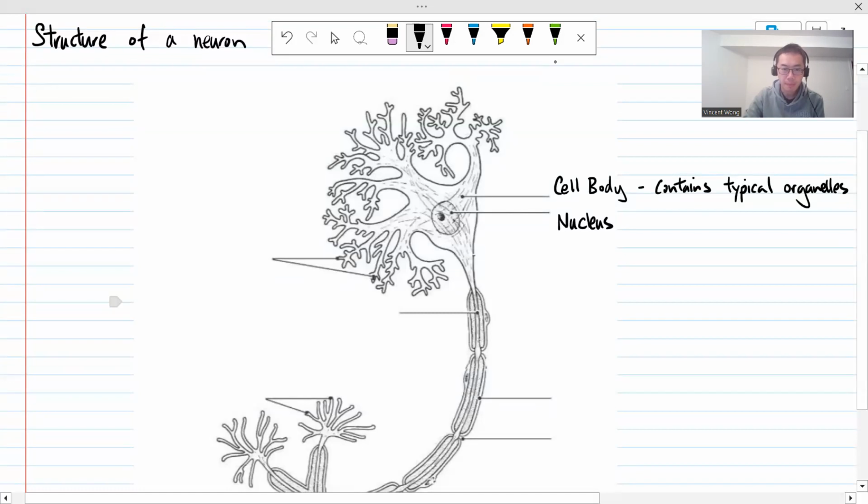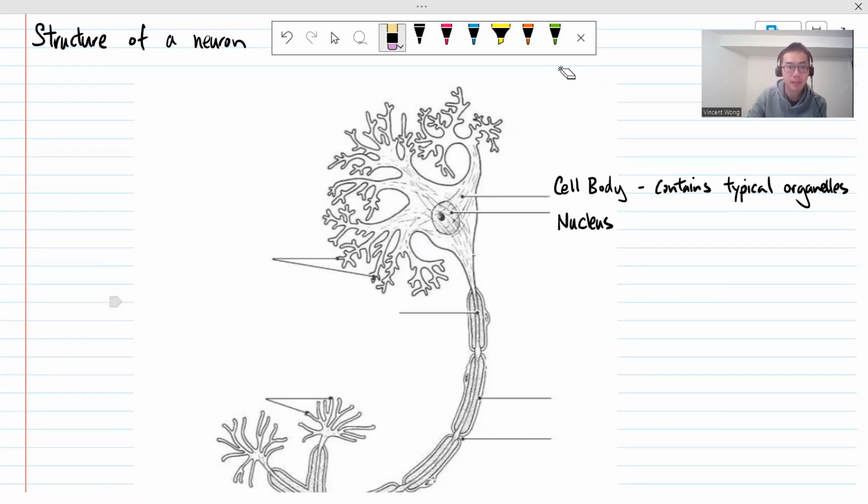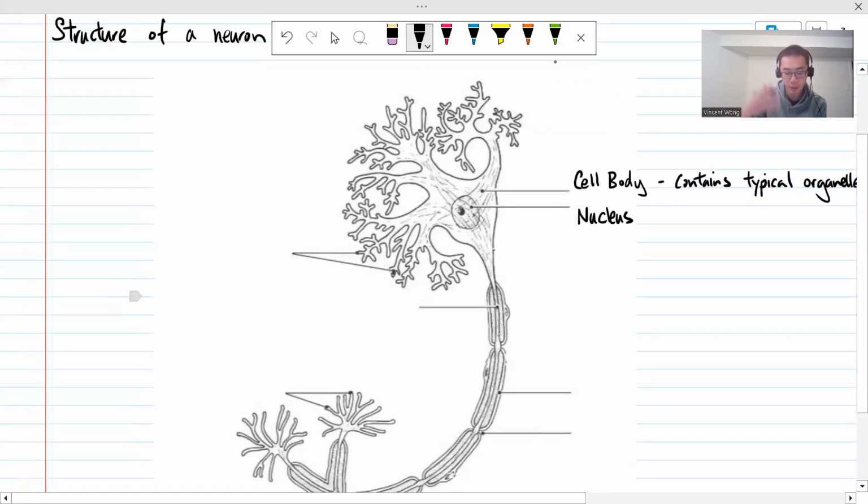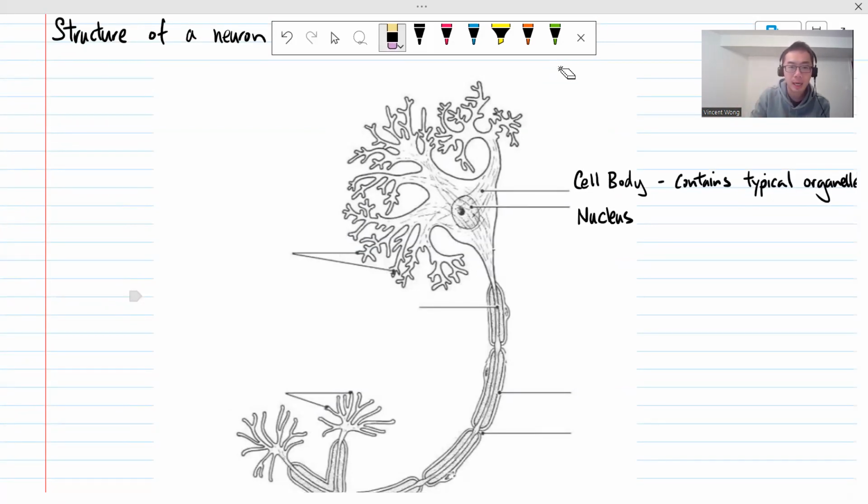Coming off the body, you're going to have these tree-branch-like structures. Some people think they look more like ice crystals branching off a snowflake. These are called dendrites.